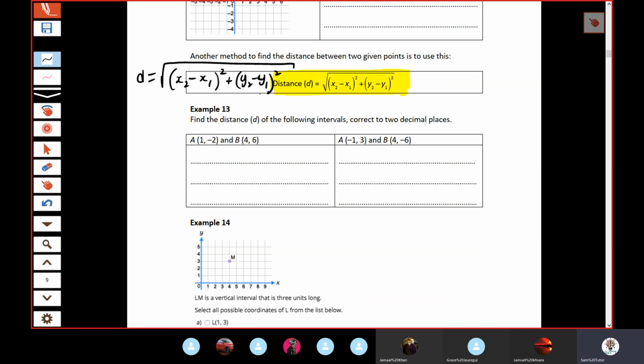Now, before we continue, what I usually do, just so your hand can get used to this, can you guys all go ahead and copy this down about 5 times on a piece of paper? Literally all you're doing is just copying this. D equals square root, open bracket, x2 minus x1 squared plus. Just so you can get used to the writing of it first. And I'm going to go grab a calculator.